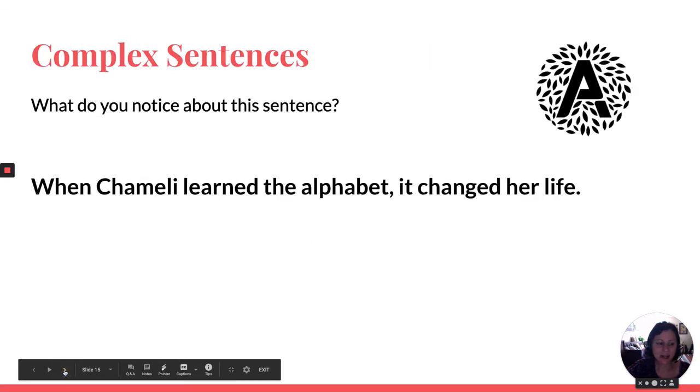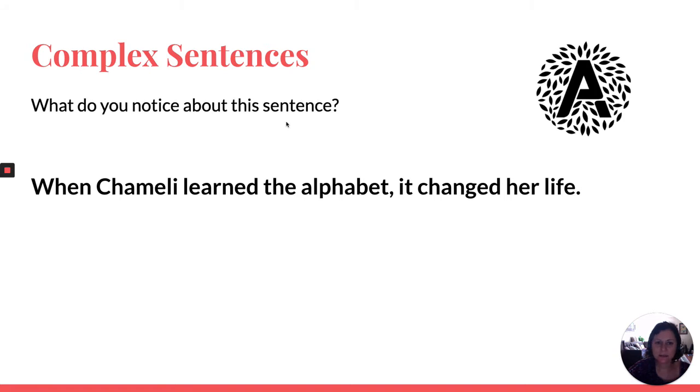Now let's talk about the third type of sentence structure, and that's complex sentences. What do you notice about this sentence? How is it different from a compound sentence? When Chameli learned the alphabet, it changed her life. We have our subject, our verb, and complete thought, and another subject, another verb, and a complete thought.